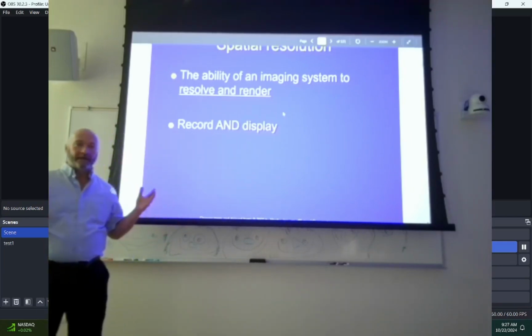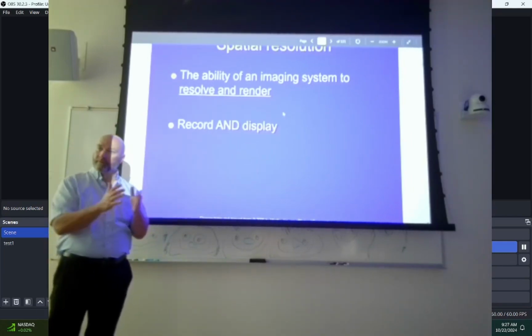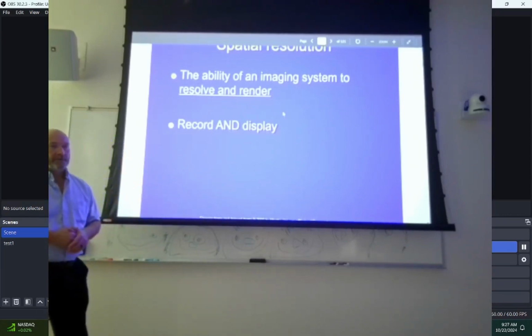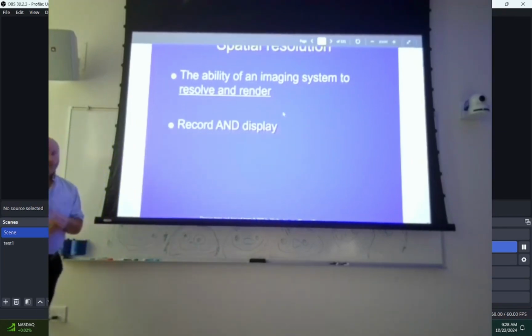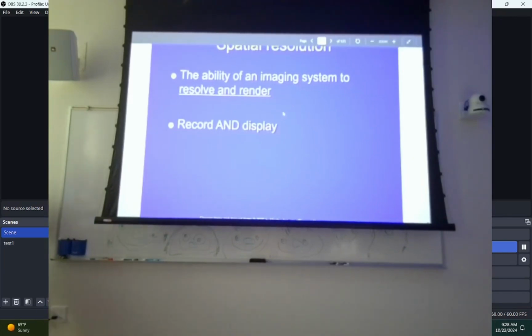The larger the number in your image receptors, the higher your resolution. Like TV, if you had a 480 by, what's the other number? 480 by, I don't know, 720 or something like that. Nobody buys those things anymore because they're low resolution. What do you buy now? It's like 5,000 by 7,000 or something like that, right? And then in those, it almost looks like you can walk into your TV. So the higher the number of those individual things, the higher the resolution.